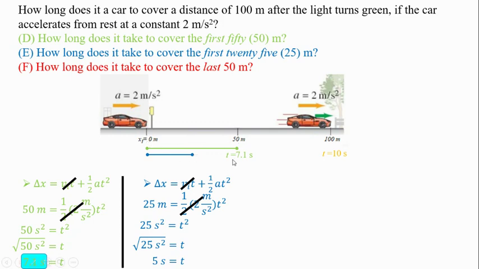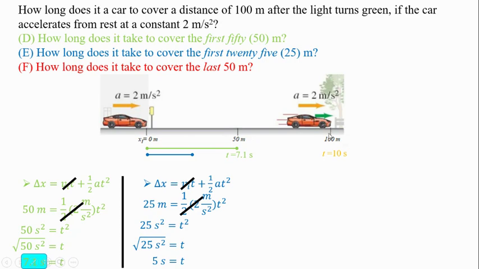The answer is bigger than half of the time, because as the car starts to accelerate, it's starting to pick up speed. It's starting to get faster and faster. So during the first 50 meters, it takes more time to get up to speed, which would imply it takes more time to cover that first half of the distance. Now, once the car gets to the 50-meter mark, it keeps on getting faster and faster.